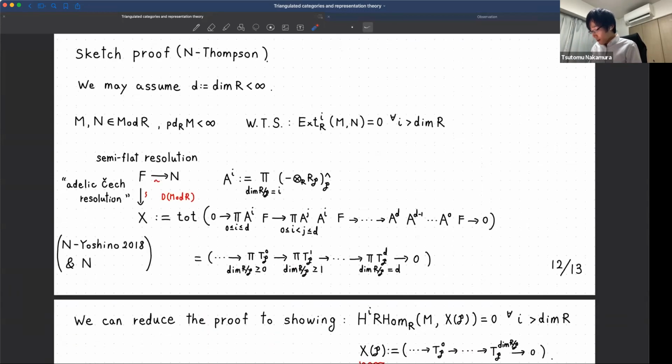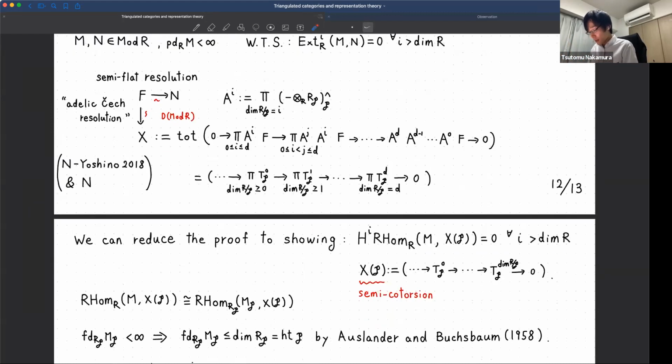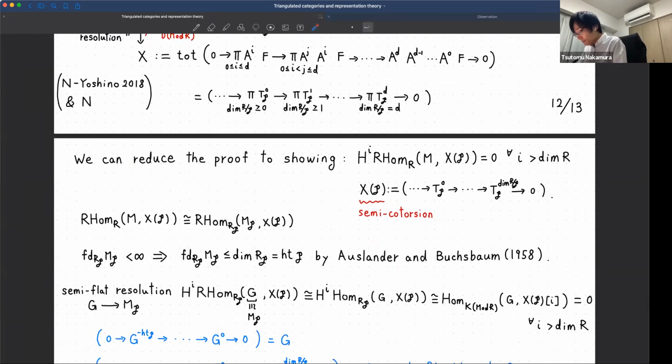And then it is not hard to reduce the proof to showing the vanishing of the cohomology module for all i, where X_p is the p-component of X. Using colocalization and completion, we can get this complex. And if we admit this fact, especially that this one is semi-cotorsion, the proof will go in the following way.